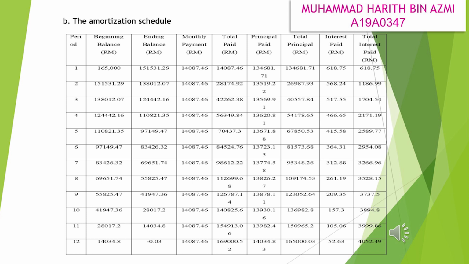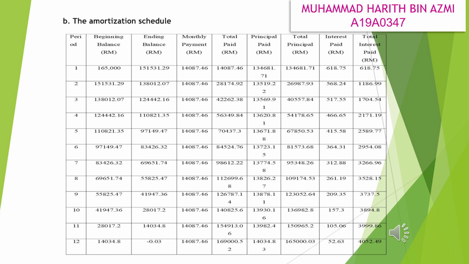To get the value of ending balance, the formula is beginning balance minus principal paid. For the beginning balance, the value is 165,000 ringgit minus 13,468.71 ringgit.